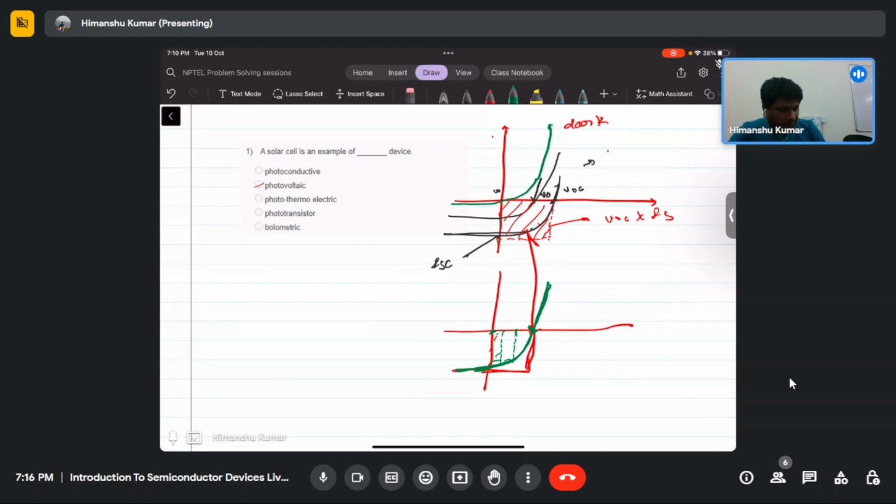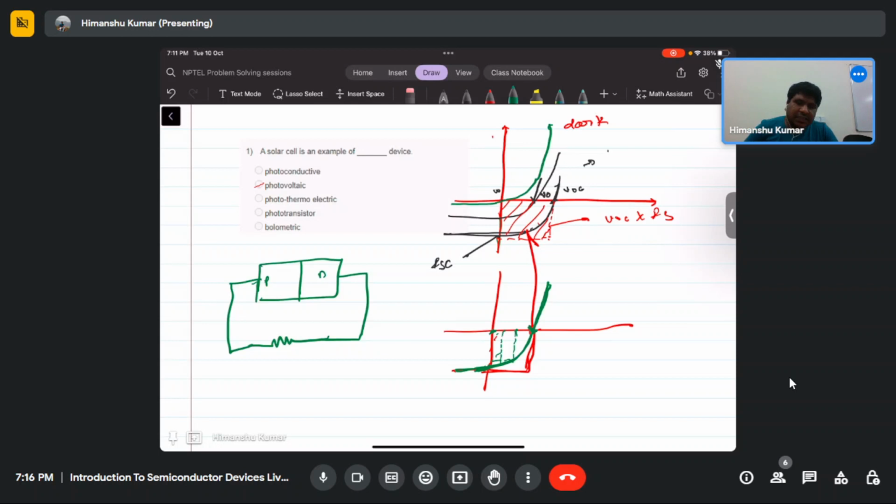Where the operating point will be is decided by the external circuit you have connected. Suppose you have connected a load. In the open circuit case, you are not drawing any power, as if you connected an infinite resistance load. So this is open circuit.